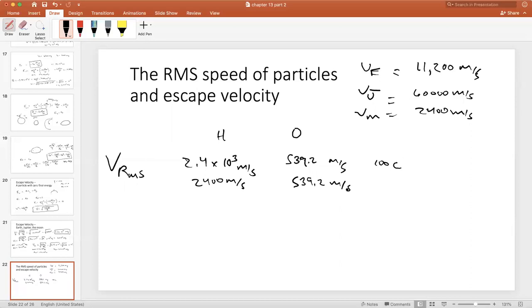Now, if the escape speed from the Earth is 11,200 meters per second, that means an object going faster than that will get away forever. So if I'm on Earth and I launch at 600 meters per second, I'll never get away.